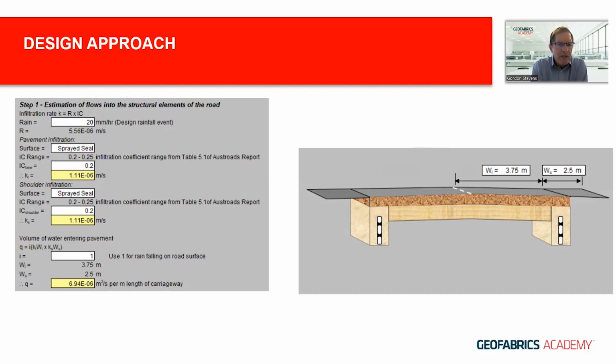So we've got these different surfaces, different rates of inflow, and we calculate that out, and we get 6.94 times 10 to the minus 6 meters cubed a second per meter of carriageway entering into the pavement as our Q value.